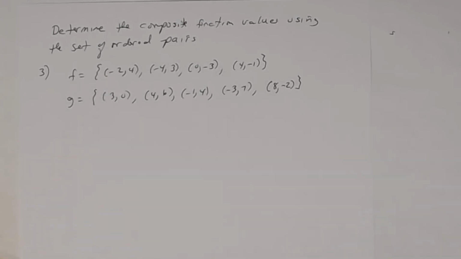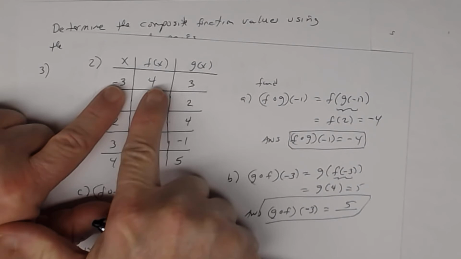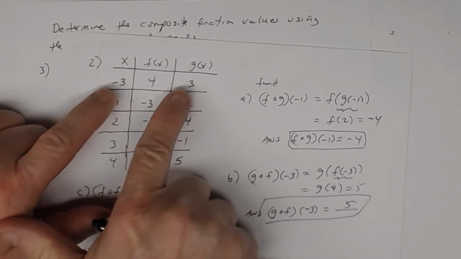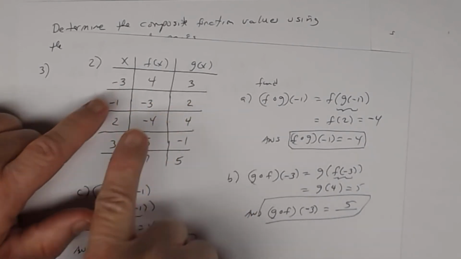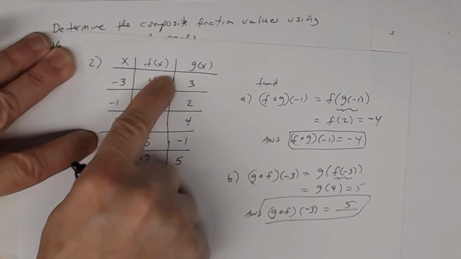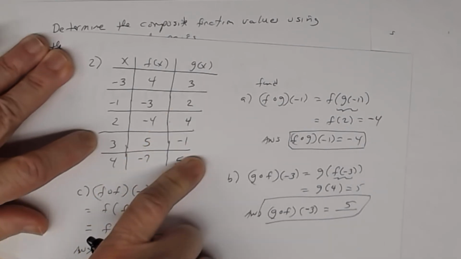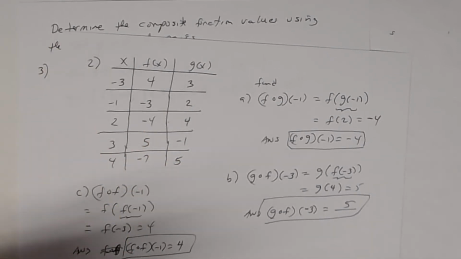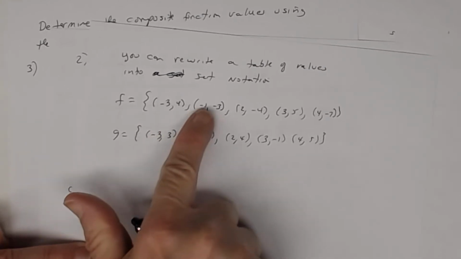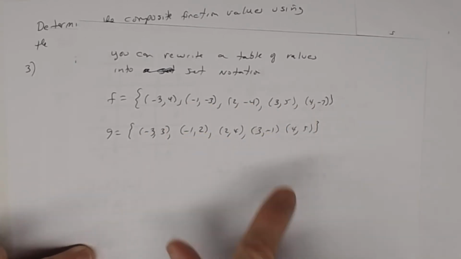Now I want you to notice that when we did this table, the number of ordered pairs was identical for f and g. So when using a table, that's what you're going to see. For each x, you're going to have an f of x and a g of x, so a y value for each of those functions. So 1, 2, 3, 4, 5 points.